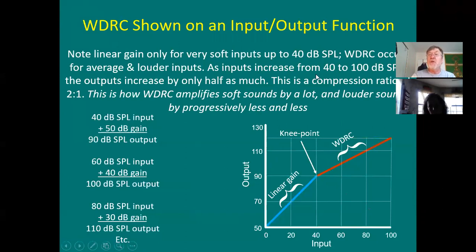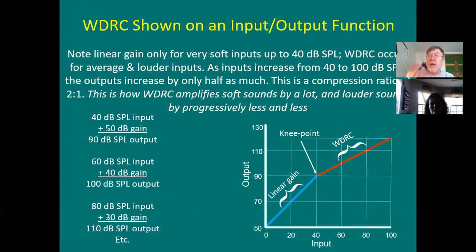As inputs increase from 40 to 100, the outputs increase by only half as much. So look where my cursor is, right at 40, which is a low knee point. And notice the red line, a low compression ratio, low and low.